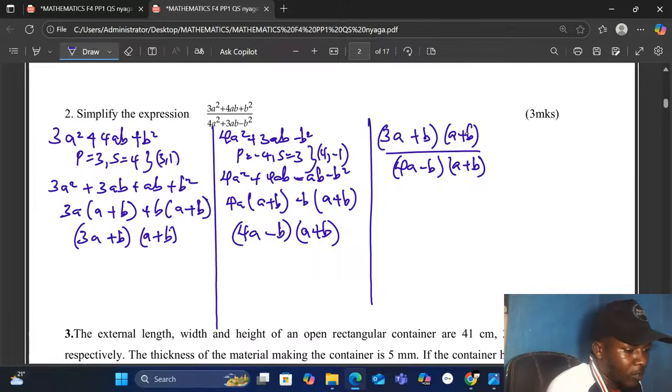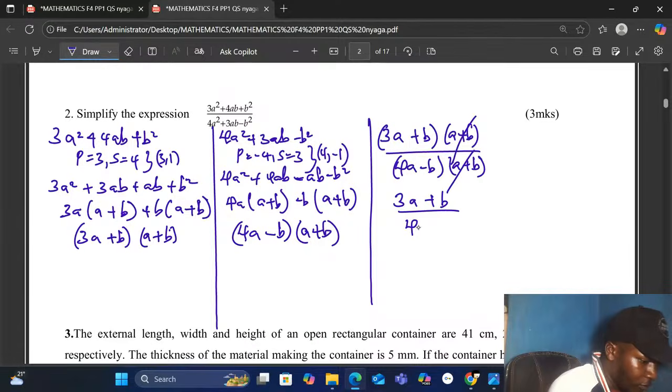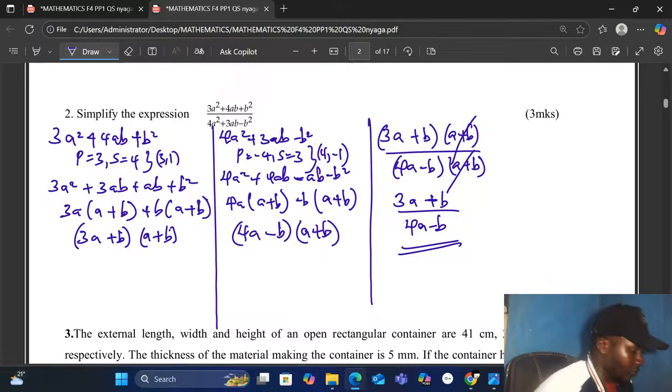So you can see we have a common factor, which is a plus b, which cancels out. Then we remain with 3a plus b over 4a minus b. So this becomes your final answer when you simplify the given expression.